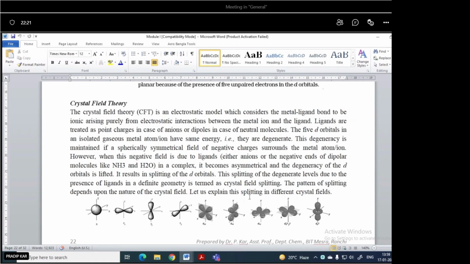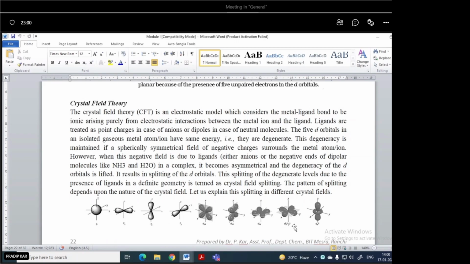That is dxy, with lobes in the xy plane; dyz, with 4 lobes in the yz plane; and dxz, with 4 lobes in the xz plane. So 4 orbitals are present in 3 planes, and 1 in the xy plane, that is dx square minus y square, because it is directed on the axis, not in between the axes like xy and xz.